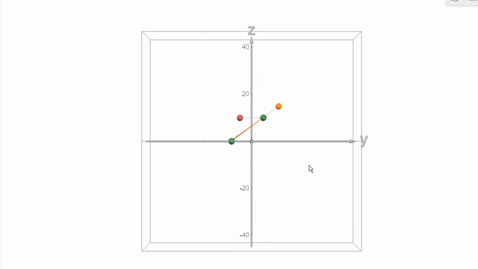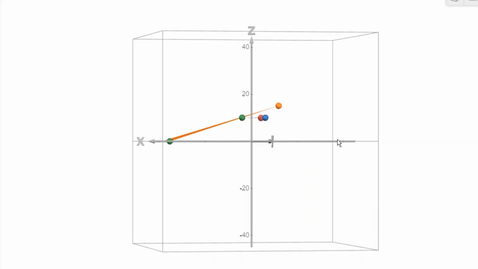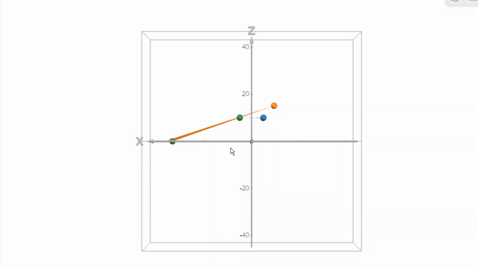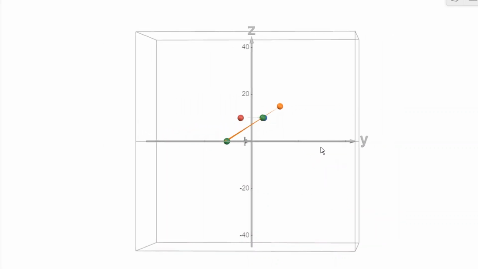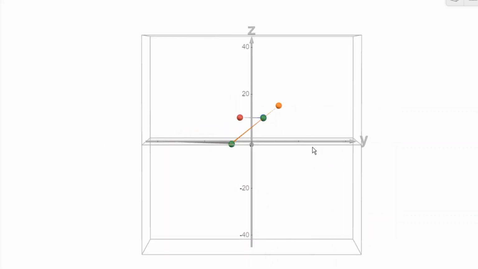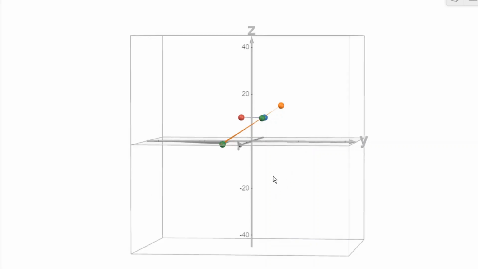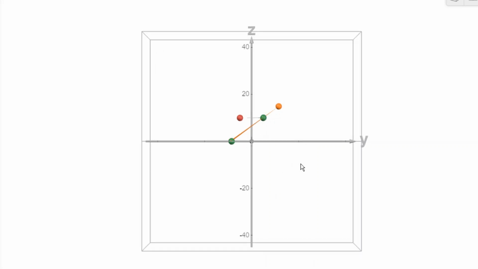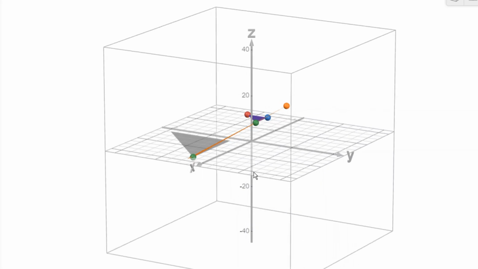So you basically just take it one dimension at a time. You do the difference in x and the difference in y, and set up similar triangles, and you can find the x and y coordinate respectively of the shadow.